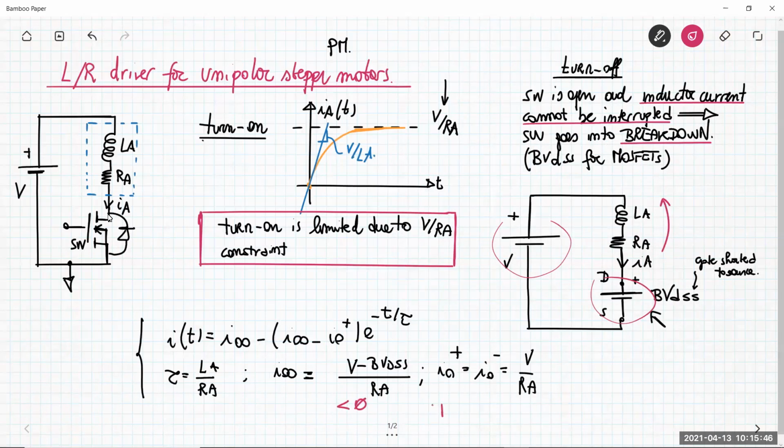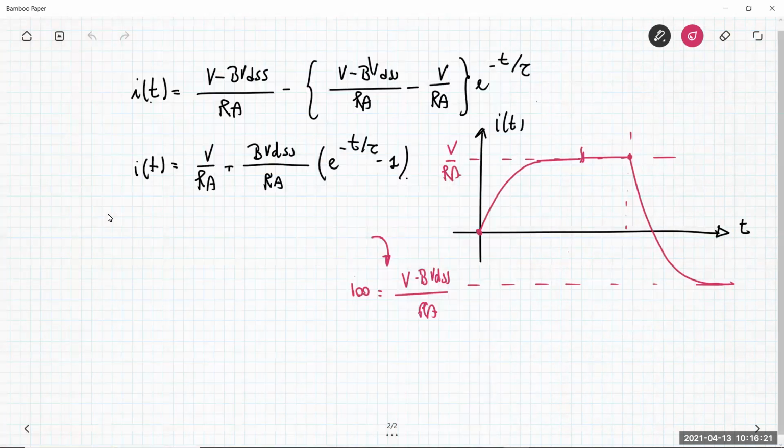Because the breakdown voltage is always larger. So if I take this condition, this quantity will become negative, okay?